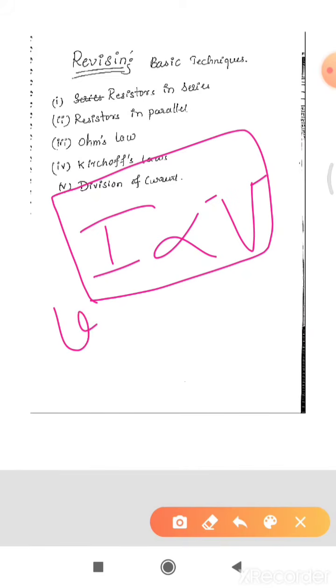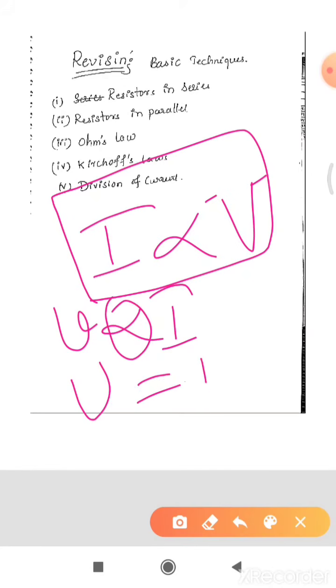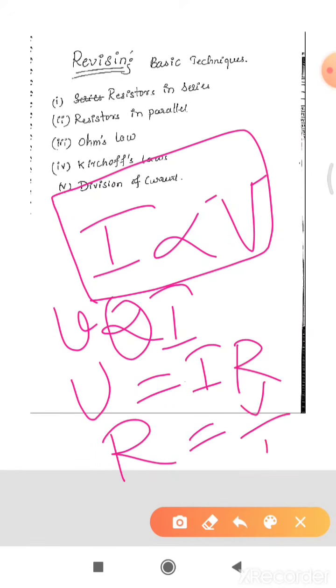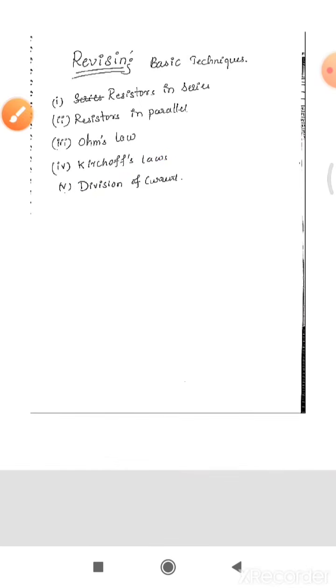For analysis purposes, we take V proportional to I, and then we remove the proportionality constant, so V is equal to I into R. Then we can take R is equal to V by I. These are some formulas you have to note down.